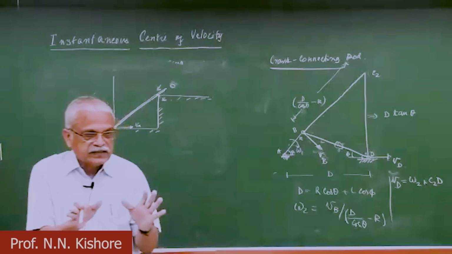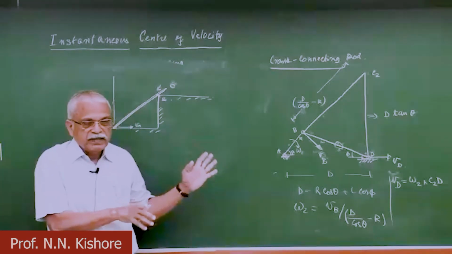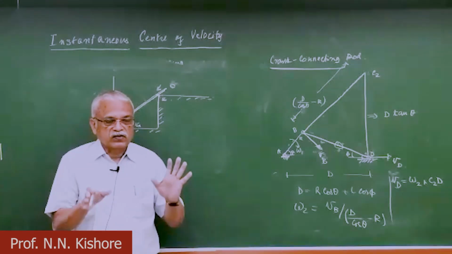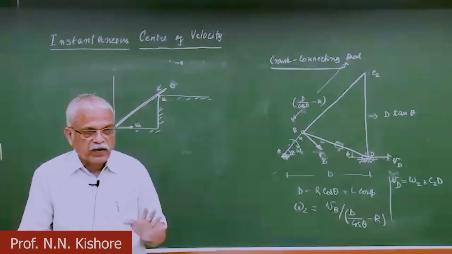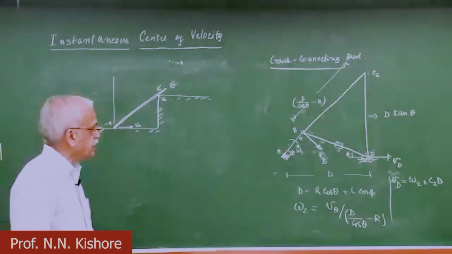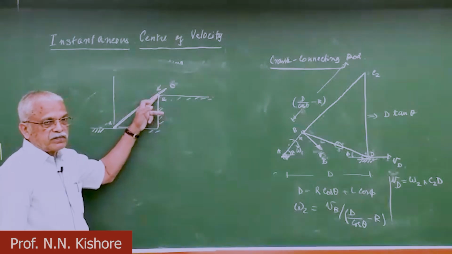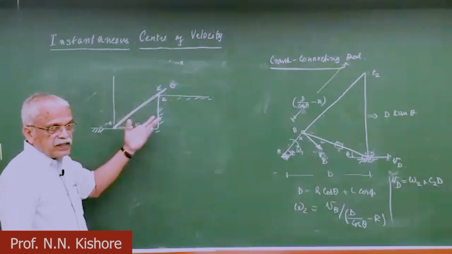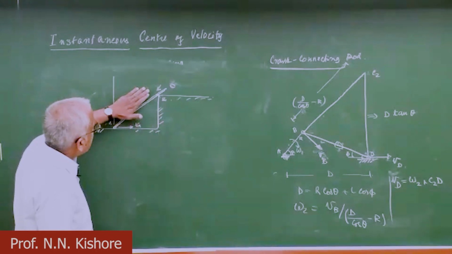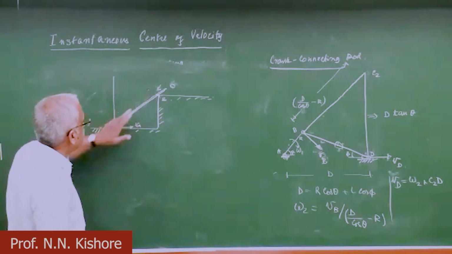As I've been telling you, these are instantaneous centers, so these are valid only at that point, and that point may change. We are going to discuss that very soon. So what is the velocity of B prime? It can be the other way also.